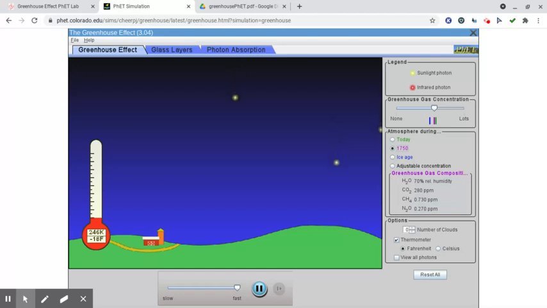What effect is that going to have on the earth? It's going to warm the earth. The earth is going to take in that sunlight. All right. Notice how it's rising pretty steadily. We're not hanging out at any temperature.